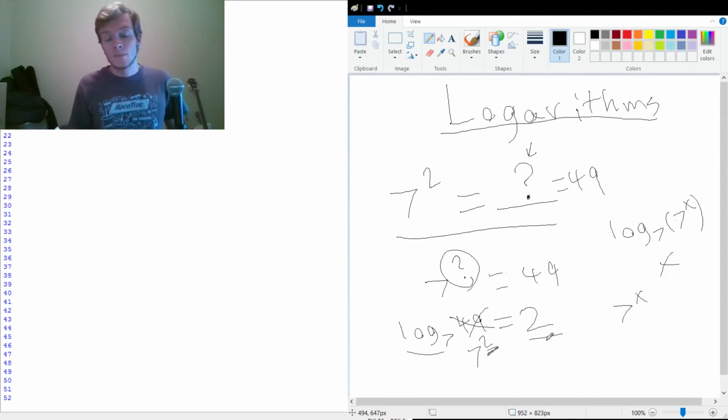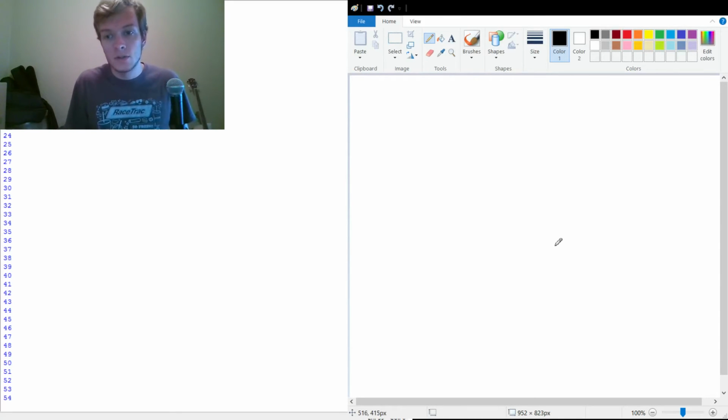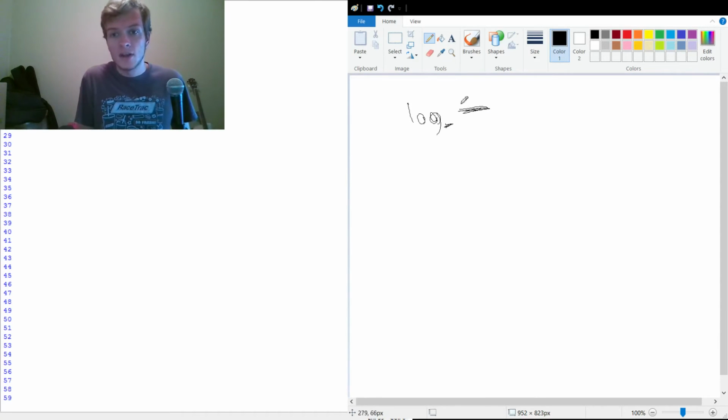That's basically what a logarithm is, and I want to explain a couple of cool things you can do with logarithms. Like I said, you can have really any base. So here's the base, here's the number you're applying it to, and here's your answer. This base can be anything you want it to be.